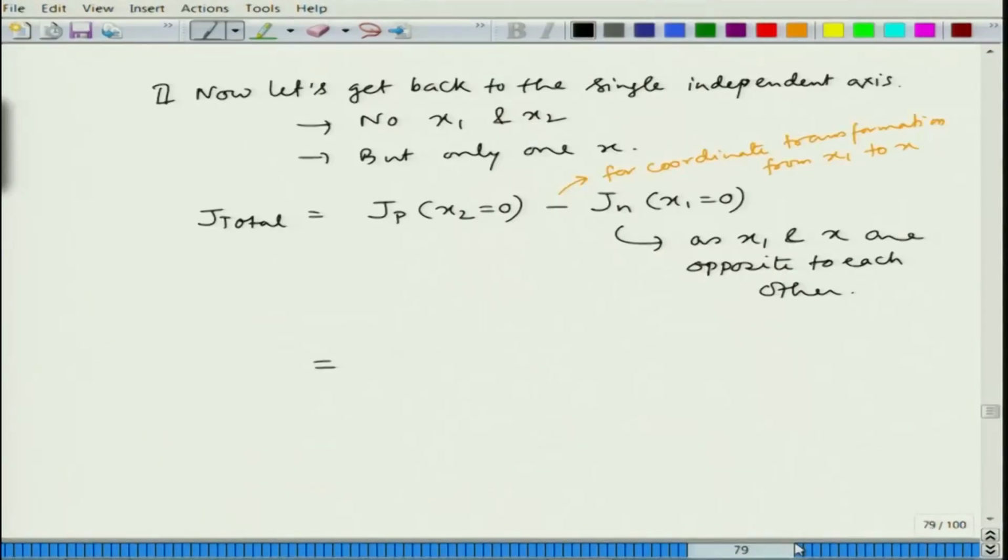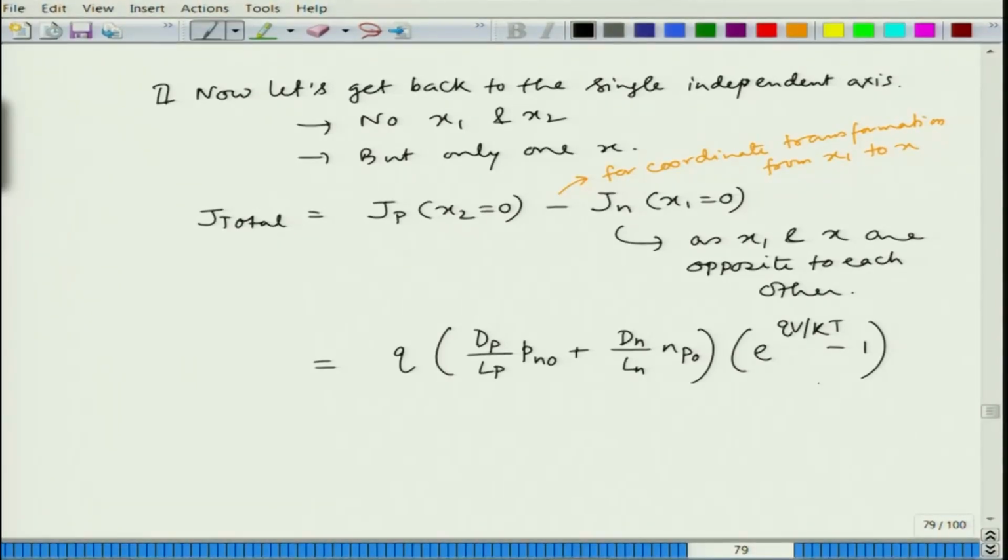Now, if we put those values, what do we get? We can simplify: (Dp by Lp) Pn naught plus (Dn by Ln) Np naught, multiplied by e to the power qV by kT minus 1, right. Do you agree to this? Please do the algebra by yourself and make sure that you get this expression.